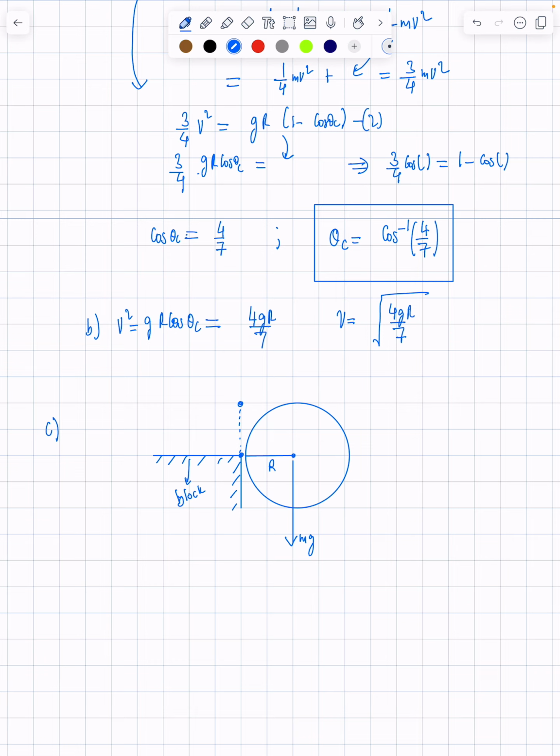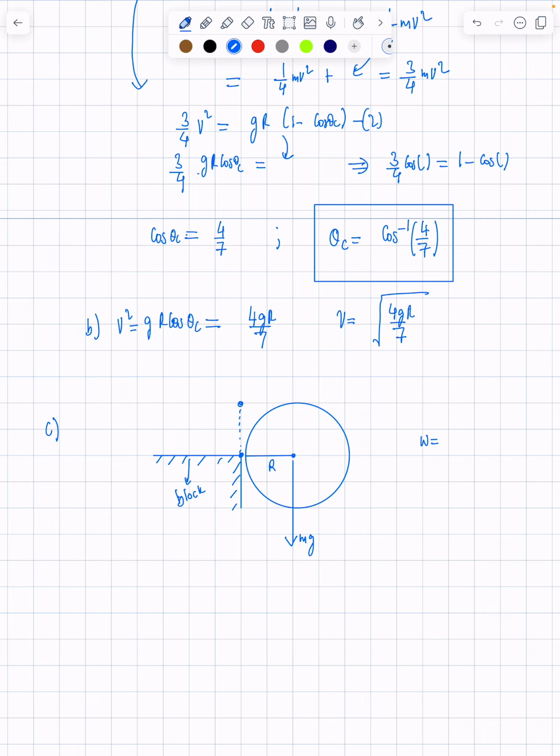So mg will increase the velocity of its center of mass as the object rotates after losing contact with the edge. But there's no net torque on the cylinder. So its angular velocity will remain the same as what it was when it lost touch with the block. So the omega will never change after that point.